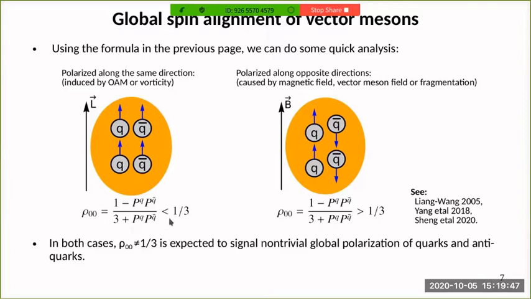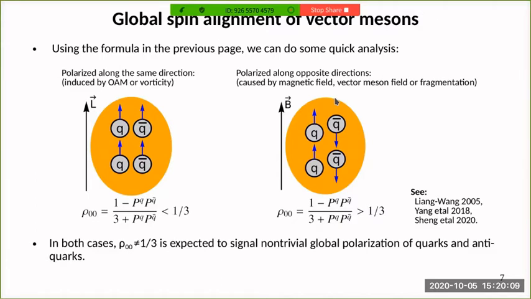But on the other hand, if quarks and anti-quarks have opposite electric charge and the spin polarization is caused by a magnetic field, then the spins will be along opposite directions. This can also be caused by the vector meson field or quark fragmentation.